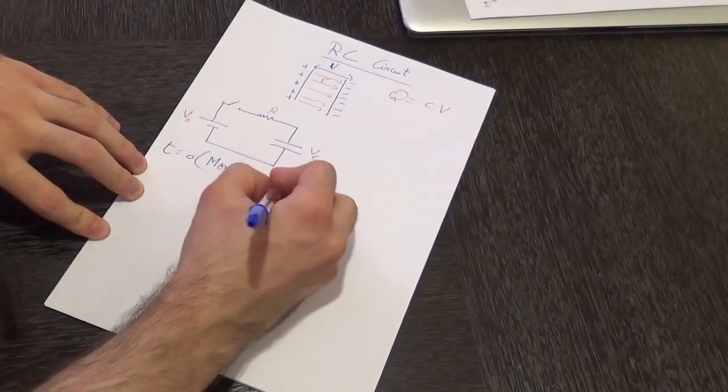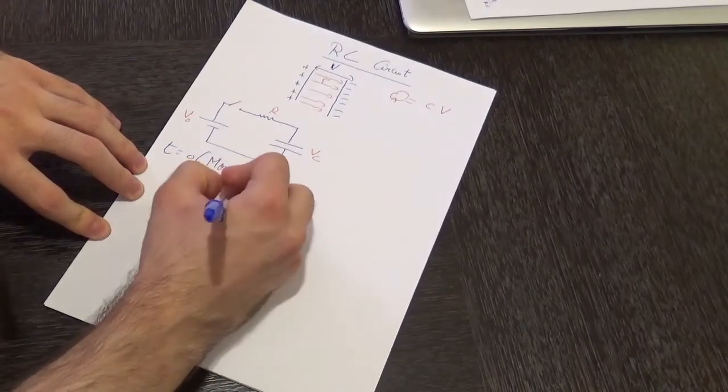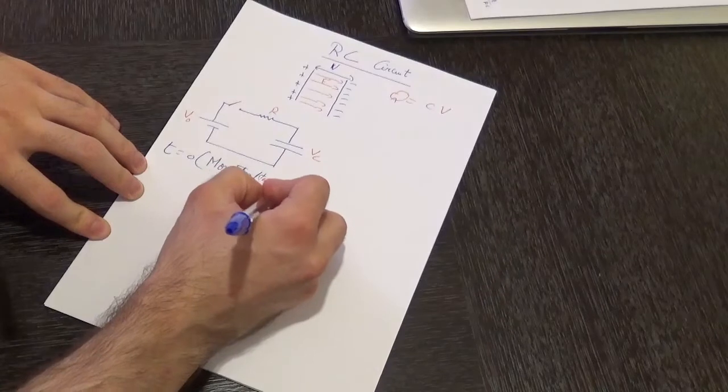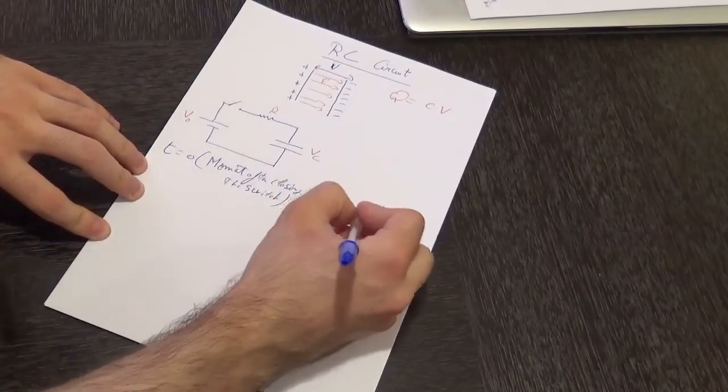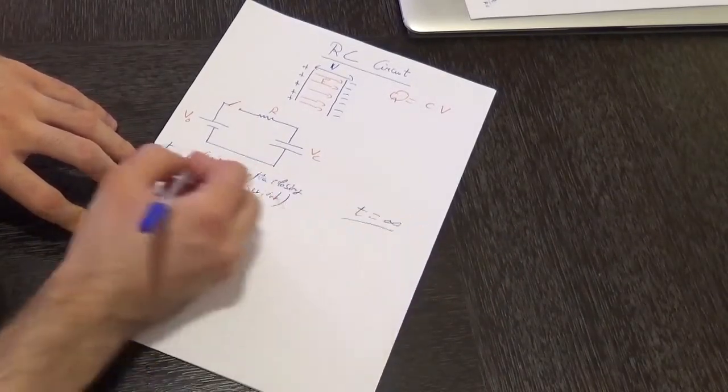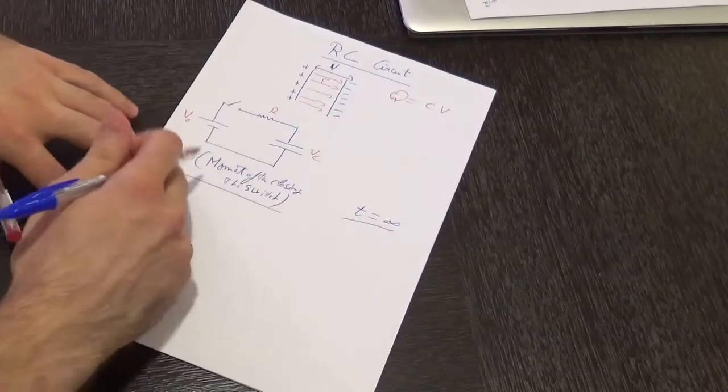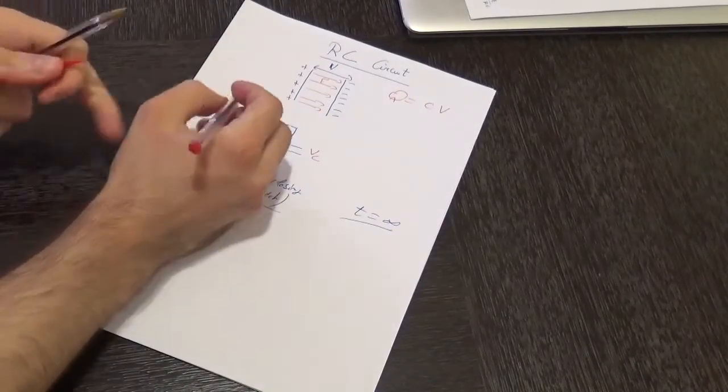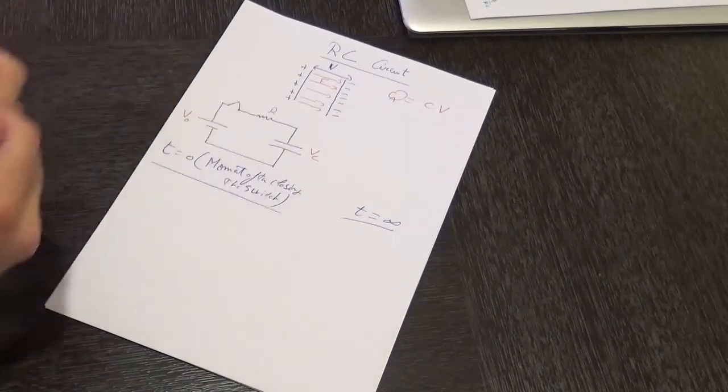So starting at t equal to 0, right after closing the switch, what's going to happen in that case?